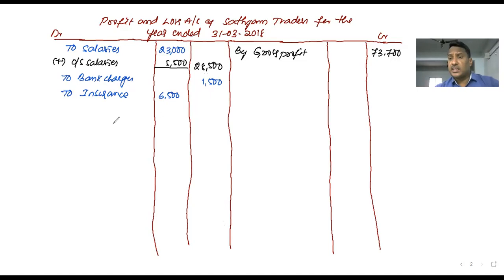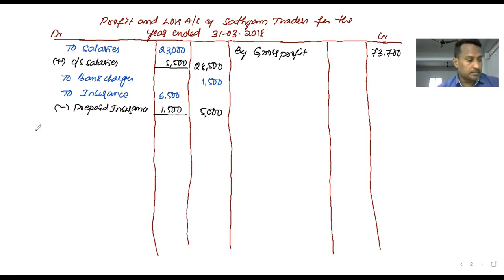Prepaid means the next year's insurance was also paid in the current year, so we have to subtract the prepaid insurance. Prepaid insurance subtracted from the insurance is 1,500. So 6,500 minus 1,500 is 5,000 rupees.